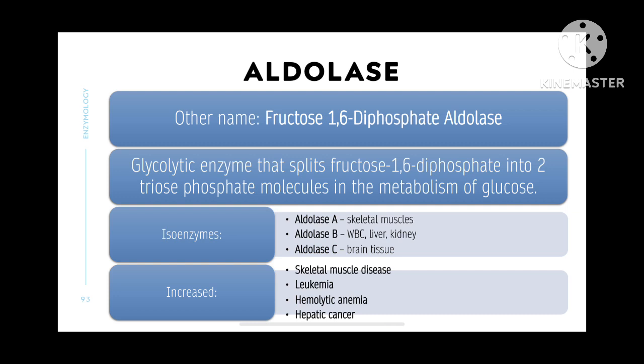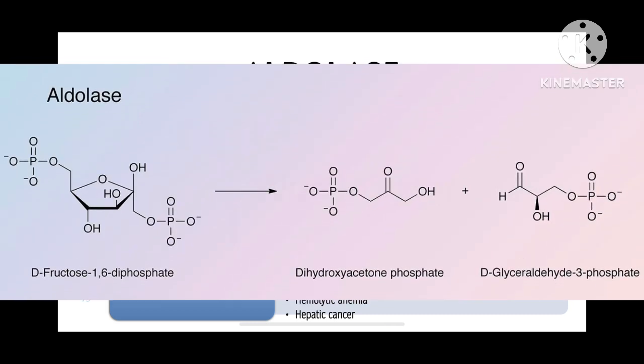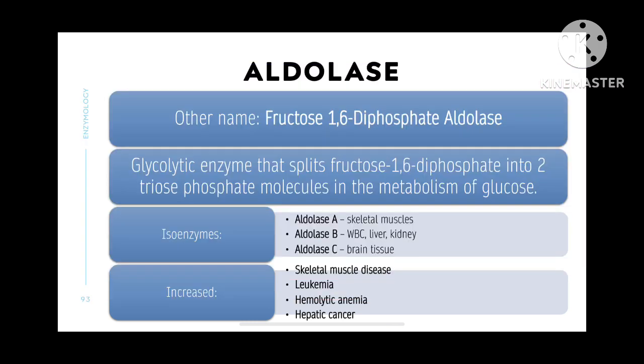Aldolase. This is a glycolytic enzyme that splits fructose 1,6-diphosphate into 2 triose phosphate molecules in the metabolism of glucose. The other name for aldolase, which is obvious, is fructose 1,6-diphosphate aldolase. This enzyme has increased levels in skeletal muscle disease, leukemia, hemolytic anemia, and hepatic cancer.